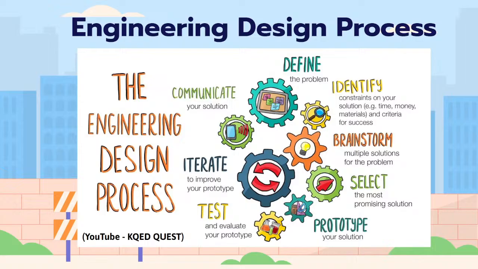The next thing we do is brainstorming, or coming up with different solutions to the problem. So maybe you can have a drawing of one type of dam that you want to do, or you can draw another design with a different type of dam with a different approach.